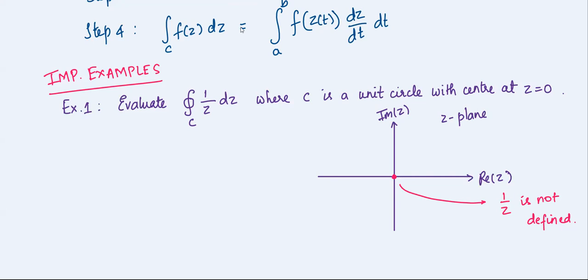And now we draw a unit circle. Okay. And our path of integration is a closed loop here. So this is an important problem. Now let us see how we can solve this.